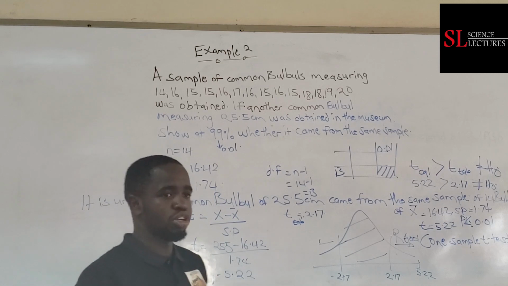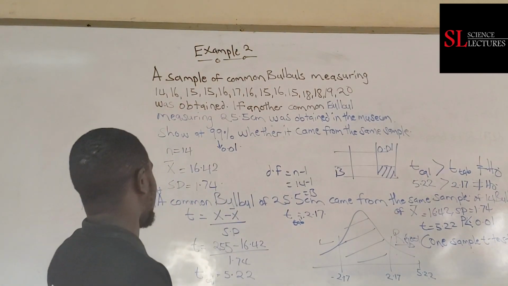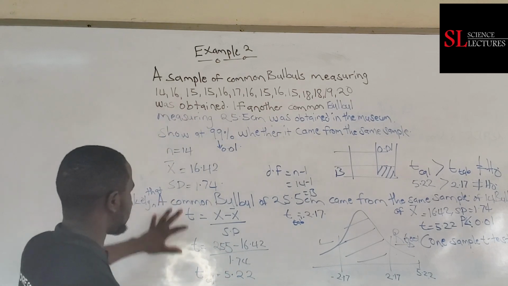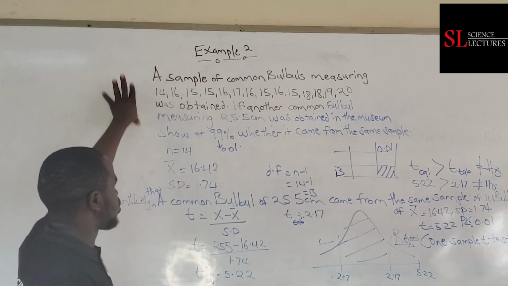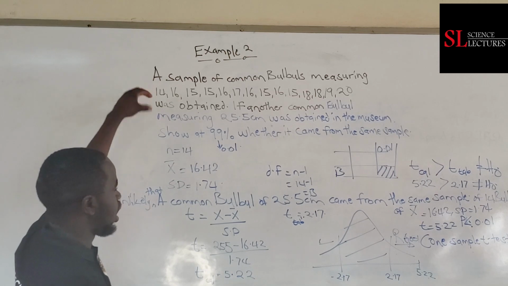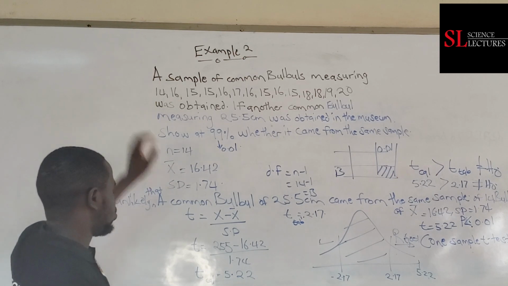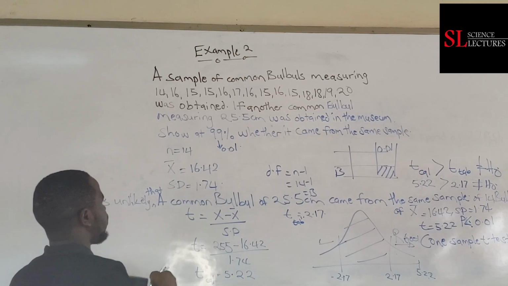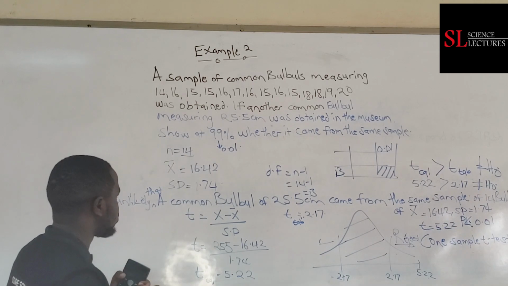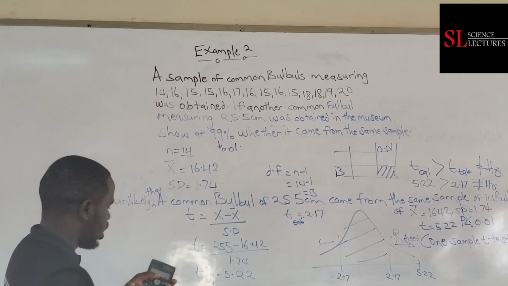Throughout this video, we've discussed what a t-test is, the various types of t-tests, and done two examples showing you how one sample t-test questions are set. Very important to note, you look at the value of n, because you can have a similar question where n is above 30. We shall see what you do in that case.